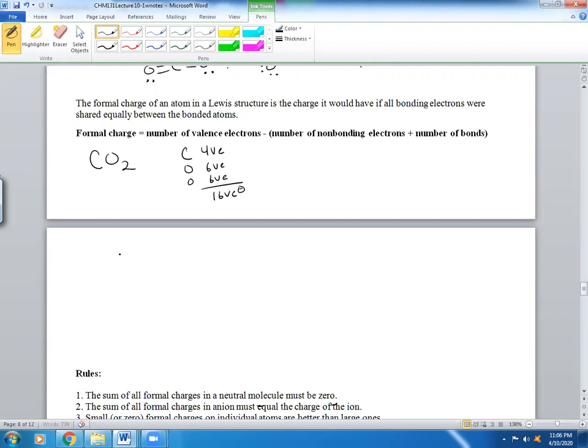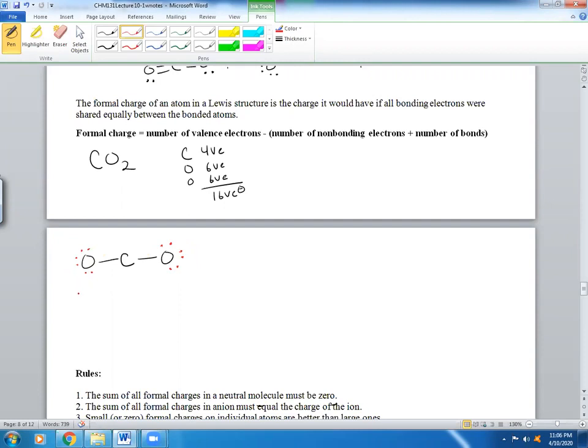So you have in this case C in the middle, O's on the outside, and you start from the outside. So do you have any leftover? No. 8 plus 8 is 16. So you have no leftover.